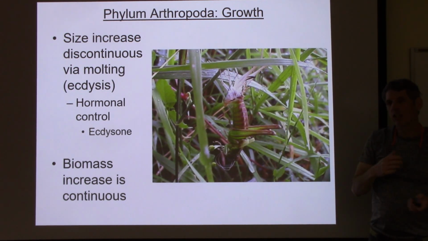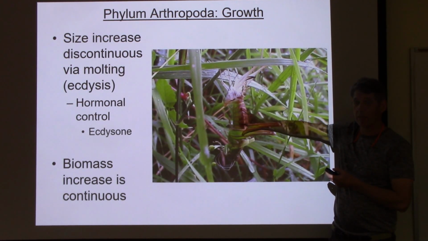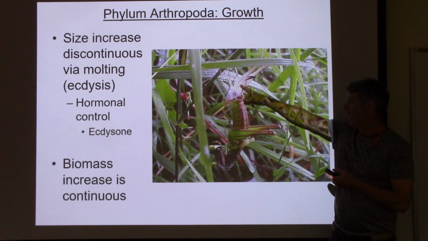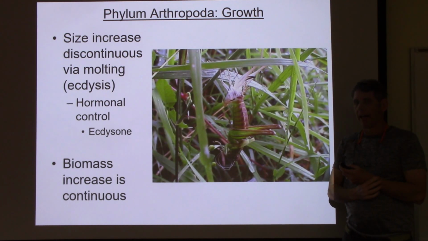If you look at the actual biomass of the animal, it's not growing in this discontinuous fashion. Basically, the biomass of the animal that was smaller compared to the animal that comes out of the molt is actually a little less because he's lost that. And by that I mean the dry weight biomass, because he's often added a little more water.